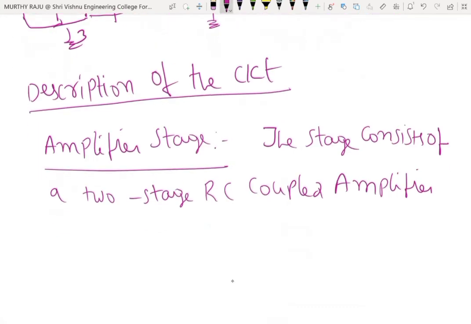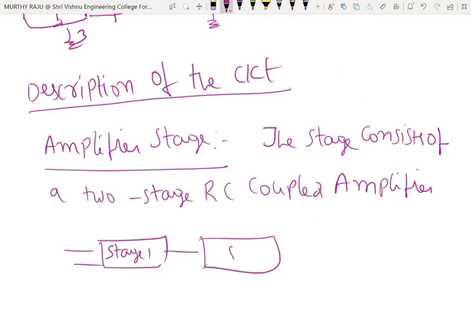A single stage CE amplifier provides 180 degree phase shift. This is stage 1, this is stage 2. Stage 1 provides 180 degrees, stage 2 provides 180.